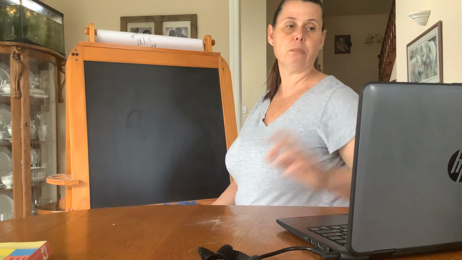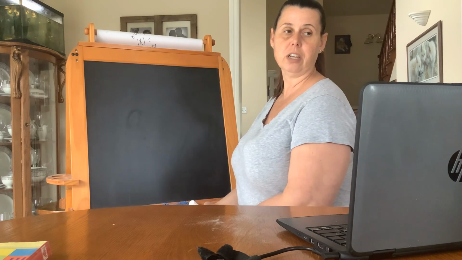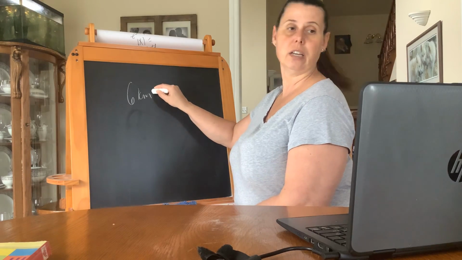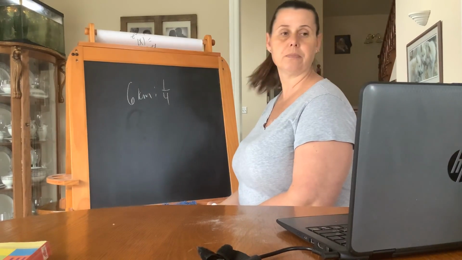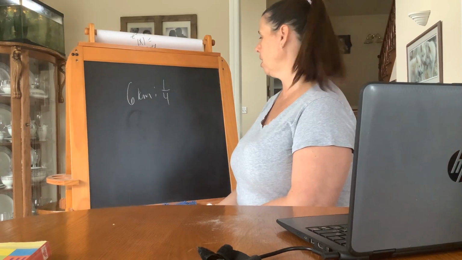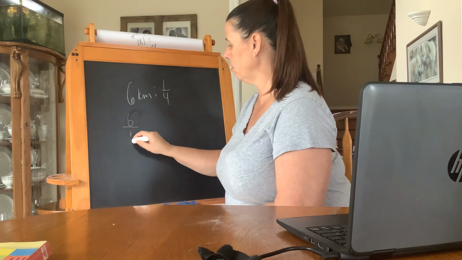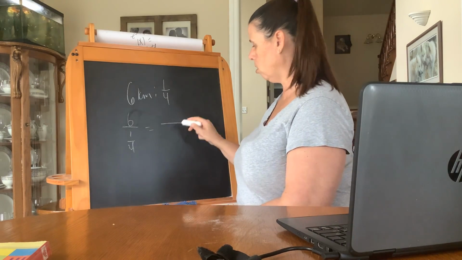Okay, solve each problem by first changing the ratio into a ratio of whole numbers. Rhonda can ride her bike 6 kilometers in 1/4 of an hour. Okay? How far can she ride in 3 hours? So we've got 6 in 1/4, right? But we need to get that to a whole.